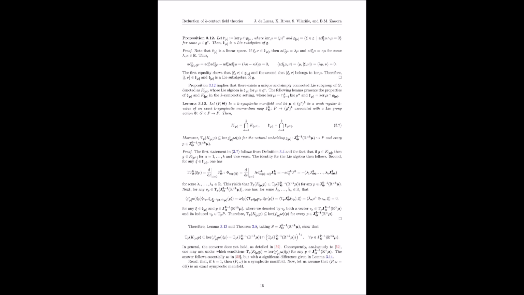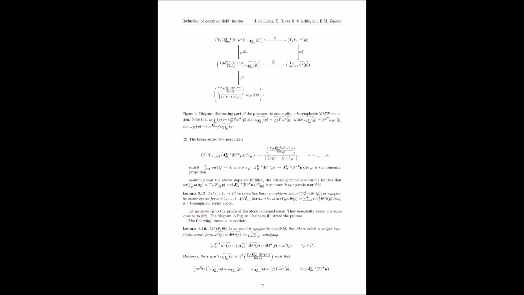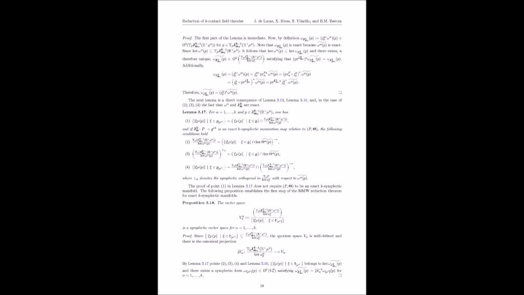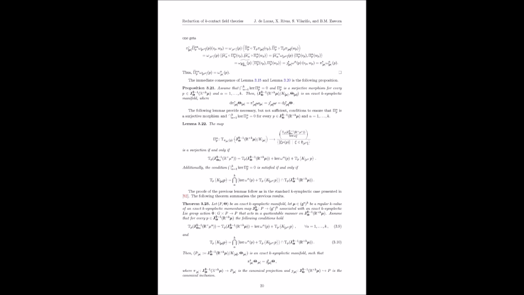It also shows that the technical conditions needed for k-contact reduction, like conditions 4.3 and 4.4 related to kernels and Reeb fields, correspond directly to conditions 4.5 and 4.6 needed for the exact k-symplectic reduction on R×M, related to the k-action and kernels. Wow. So this lemma essentially says, if the conditions for k-contact reduction hold on M, then the conditions for the exact k-symplectic MMW reduction, Theorem 3.19, will hold on the lifted space R×M. Precisely. It provides the direct translation between the two settings.